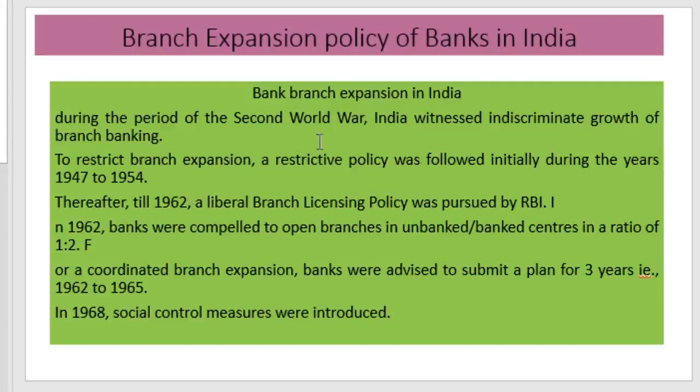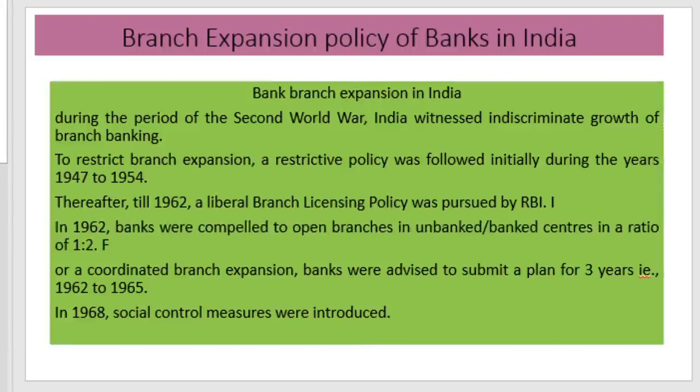Then a liberal branch policy was introduced, and in 1962, banks were compelled to open branches in unbanked and banked centers in the ratio of 1:2. During 62 to 65, a coordinated branch expansion was advised. And in 1968, social control measures were introduced with respect to the branch expansion policy. These are some of the important changes till 70.